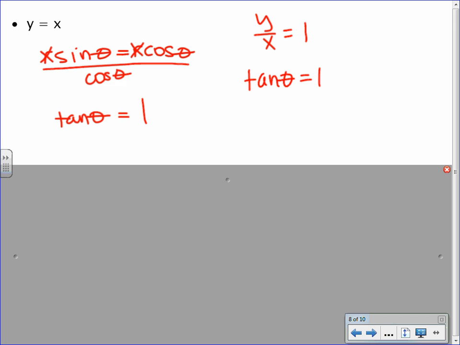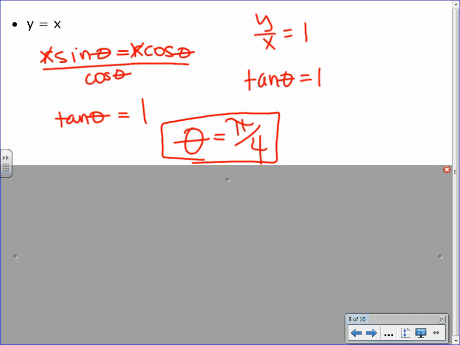Both get us to the same place. When is the tangent of theta equal to 1? 45 degrees, aka pi over 4 radians. Keep it simple. Pi over 4 is fine.